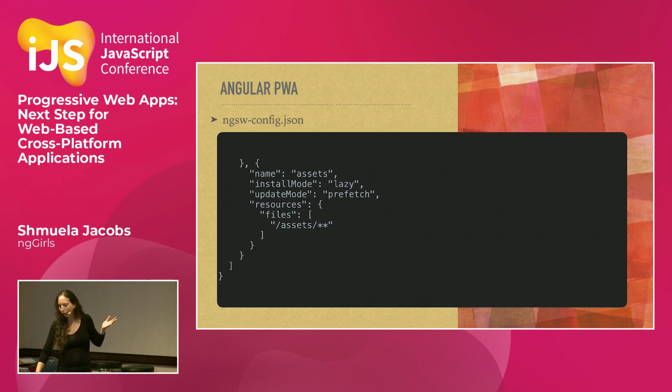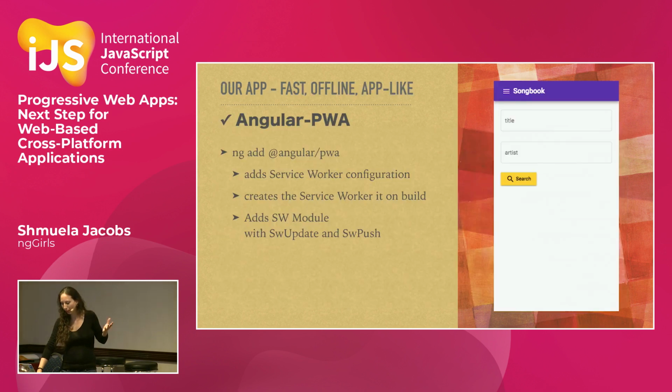But you also need to add configuration for outer resources, for the data and icons and stuff like that, and decide whether it's going to be loaded for freshness, like I described before, get me the latest data if you can, or for performance, give me first the cached version.